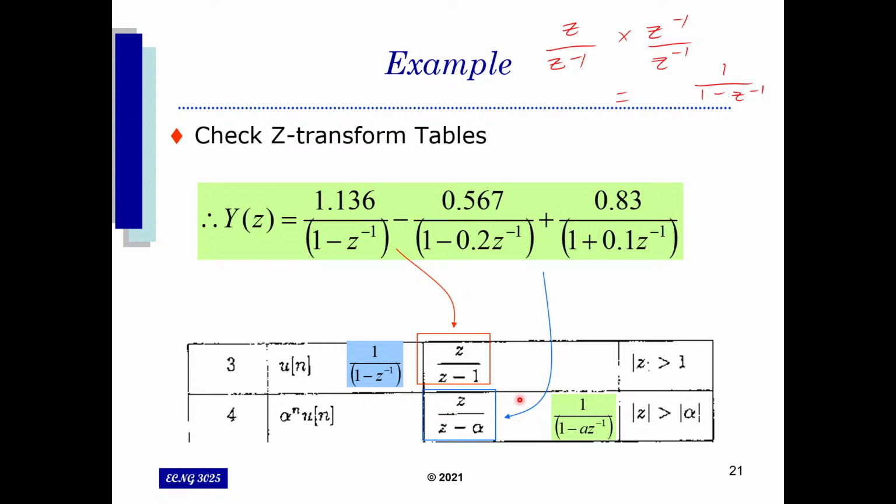Now, some people might say, okay, well, this is 1 plus 0.1 z to the negative 1. Yes, it is that. But to map it back to our transform, we can just rewrite the equation very simply, such that this will just become 1 minus negative 0.1 z to the negative 1. And this satisfies that form.